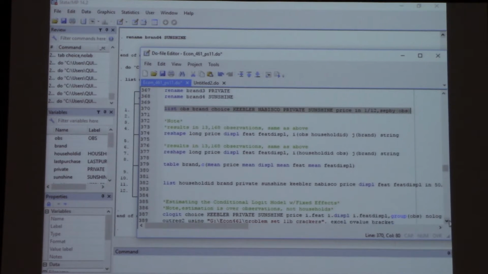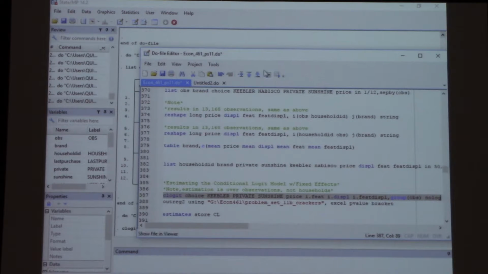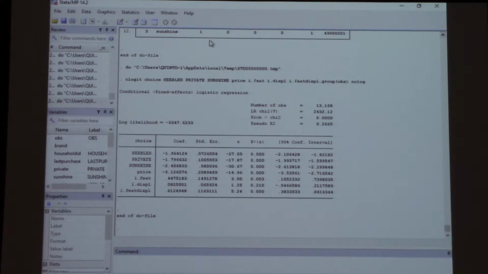And so there's different ways we can do that. We can do this conditional logit model. And this is essentially going to replicate our alternative specific conditional logit model. It'll come close.